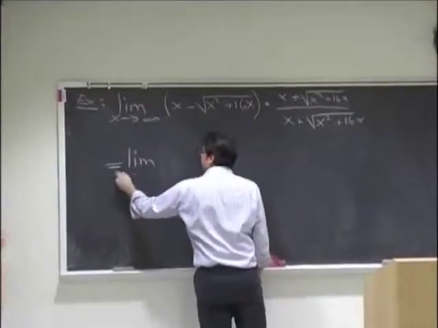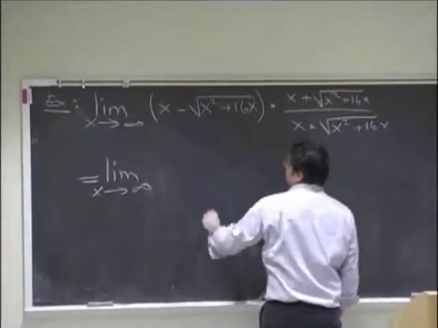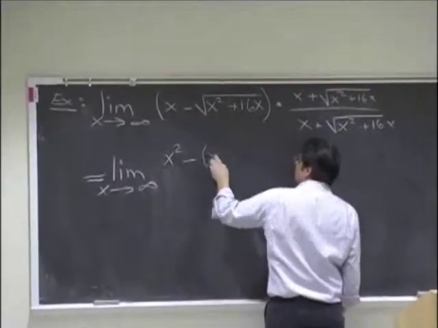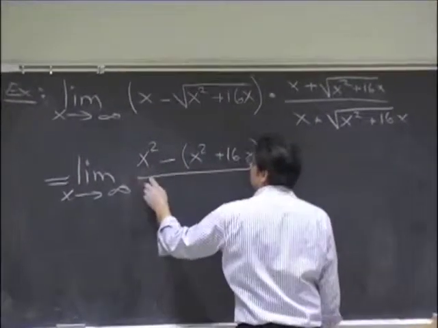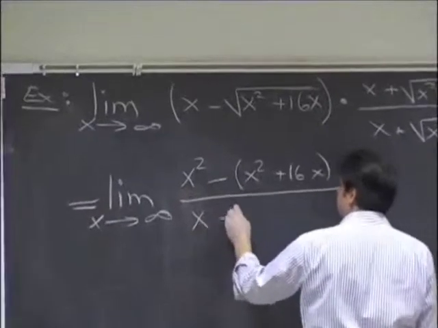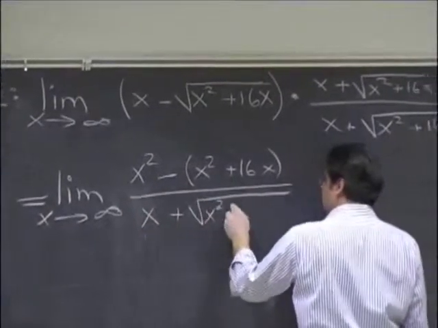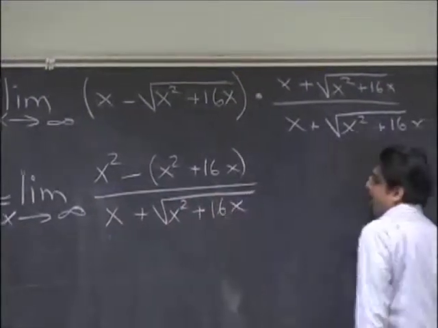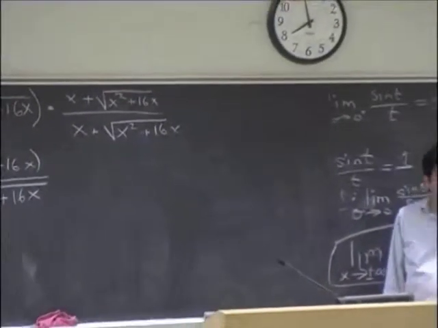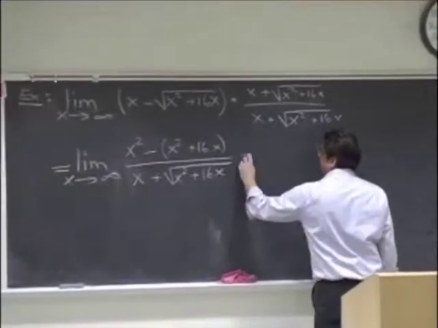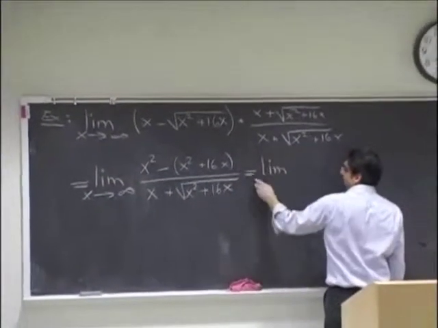Okay, let's simplify this. So after simplifying, you get x squared minus this over this term. You agree? All right, so one more simplifying step.